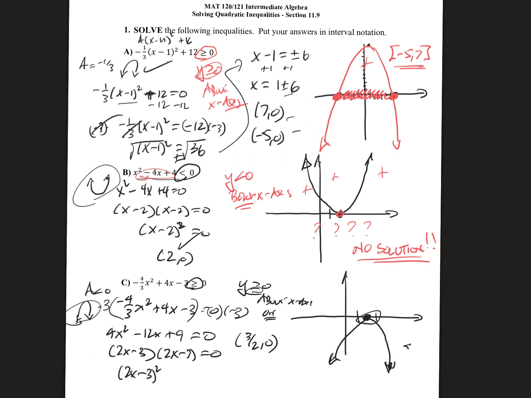So this is a weird solution set. We don't have an interval. We just have one discrete number. And so the solution to this inequality would be 3/2. So kind of a weird wrinkle there with the last two. One where we have no solution after our sketch, nothing satisfies the inequality. And then for this one, we just have one that satisfies the inequality.